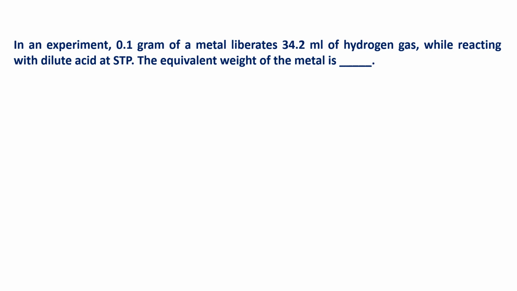In an experiment, 0.1 grams of metal liberates 34.2 ml of hydrogen gas while reacting with dilute acids at STP. Equivalent weight of metal is? So how are you going to calculate equivalent weight?